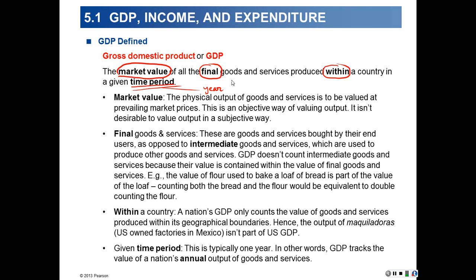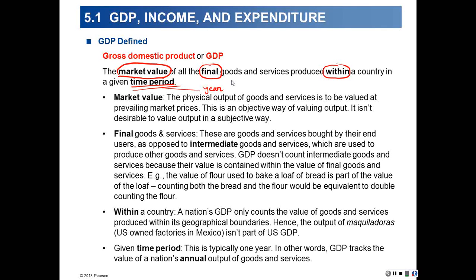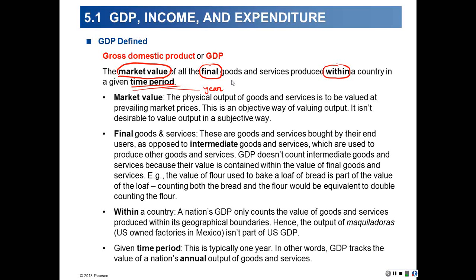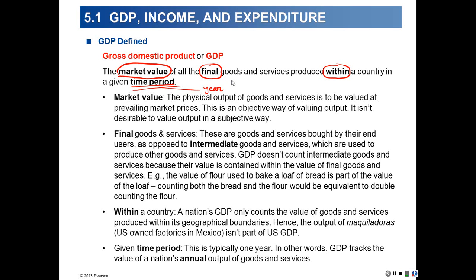It's customary to report GDP on an annual basis, right? So let's look at this definition closely. Now, there are some terms that I have circled in red, and let's look at them in some detail.